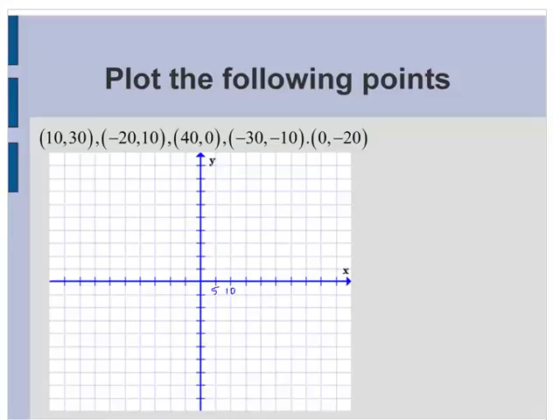So 5, 10, 15, and similarly on the y's, 5, 10, 15, and on the x, -5, -10, -15, and again on the y, -5, -10, -15. Then the point (10, 30) would be 2 marks right and 6 marks up.